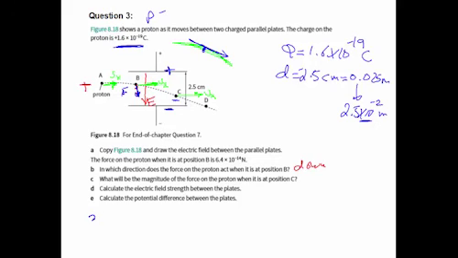So for part C, the electric force is equal to E times Q. We have the value of the force given at position B, and it should be the same value at point C. As we know, force equals E times Q, and E is constant.